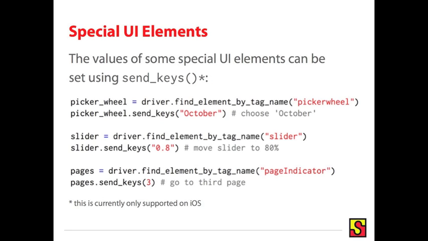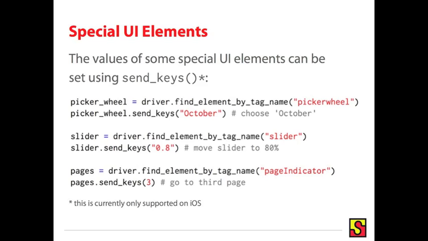For example, iOS has something called a picker wheel, which you can combine to let users choose between combinations of sets of predefined values. So for example, a date picker lets you choose October 12th, 1989, by scrolling through different sets of wheels.